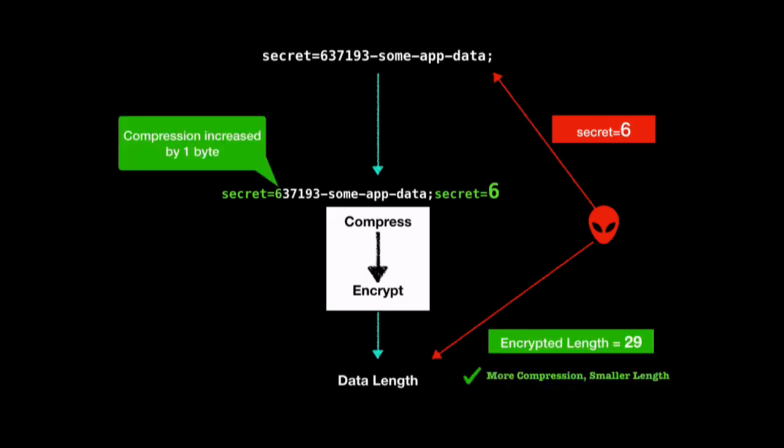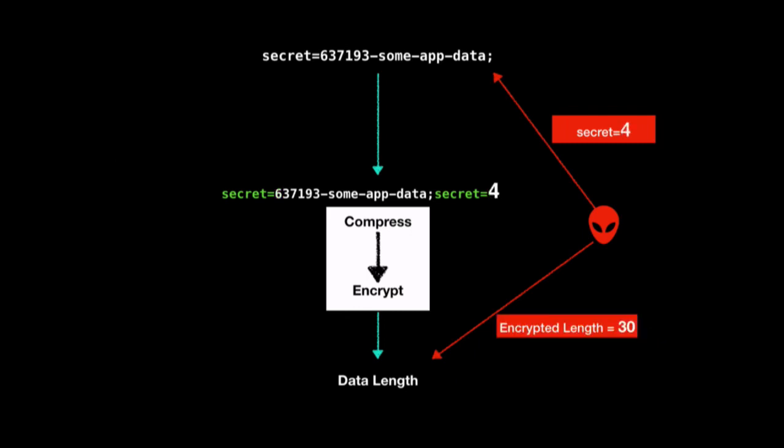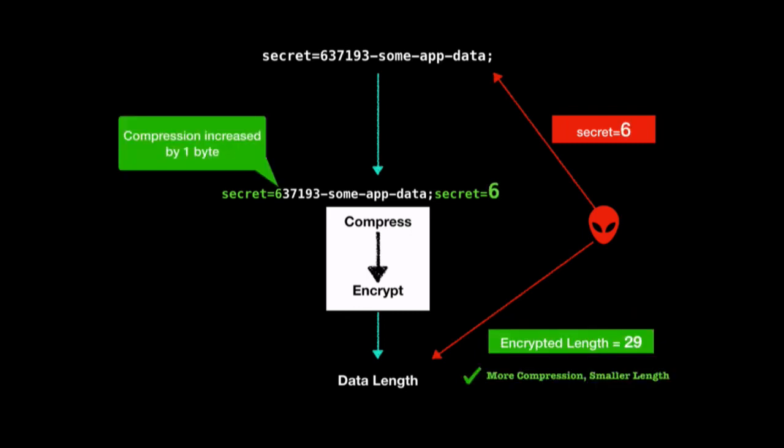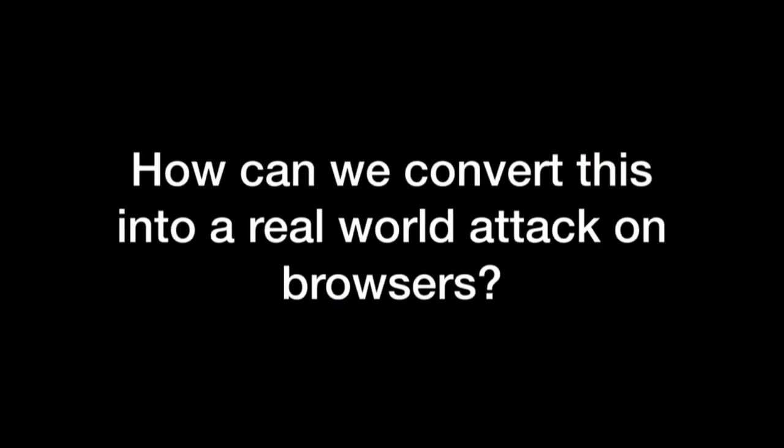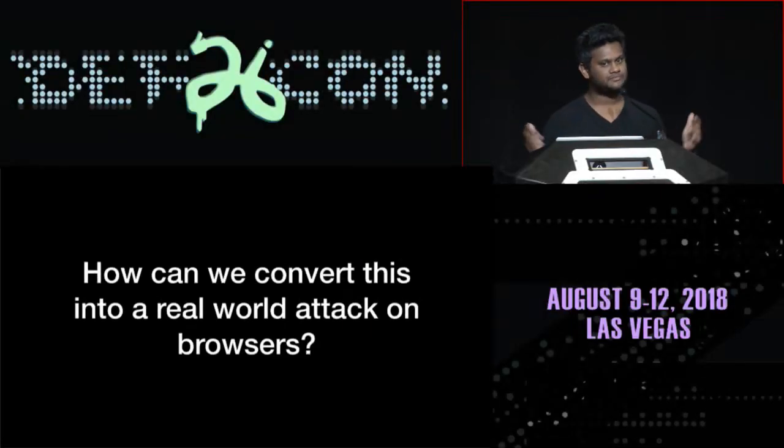And finally, when he sends a request which has sits in it, the compression length increases. Finally, what that efficiently results in is a smaller length of the data packet. So if you increase the compression length by choosing a specific character, you could reduce the encrypted length. In this case, you've been having 30 for other characters, but the moment he chooses the right one, it becomes 29. So that's the compression oracle from a very high level, right?